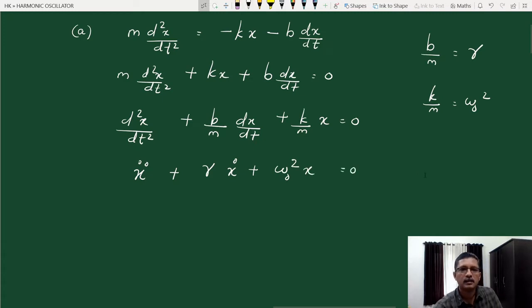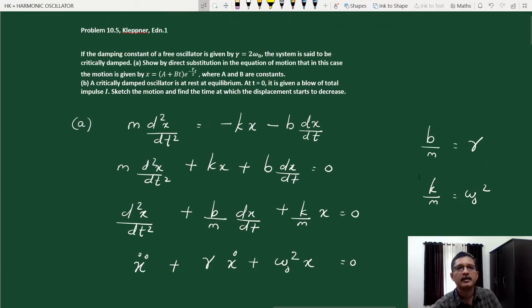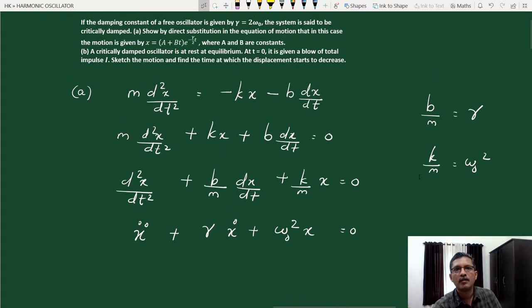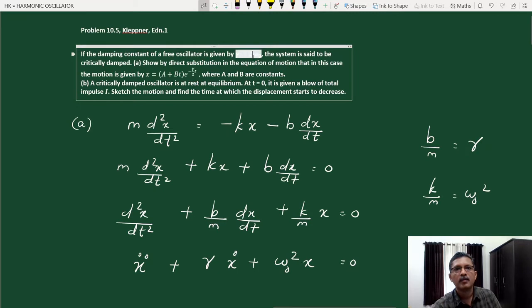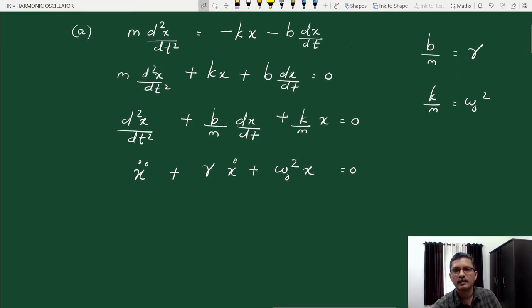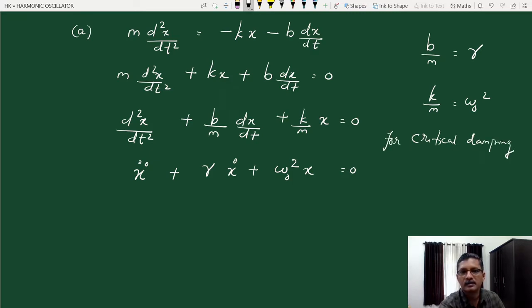This is the differential equation of motion, and in the case of critical damping there is a further condition: gamma equals 2 times omega 0.